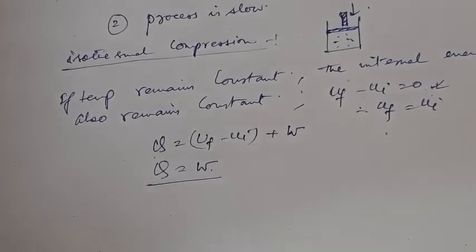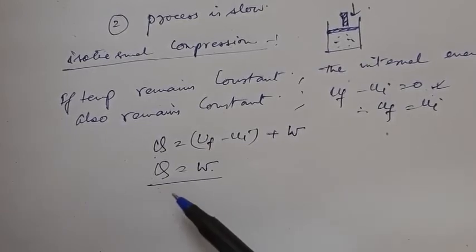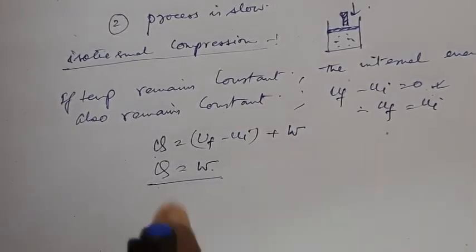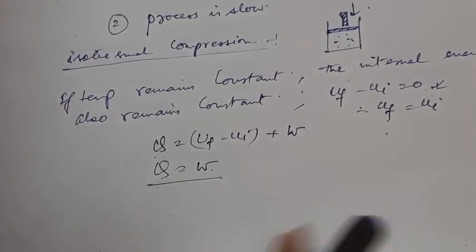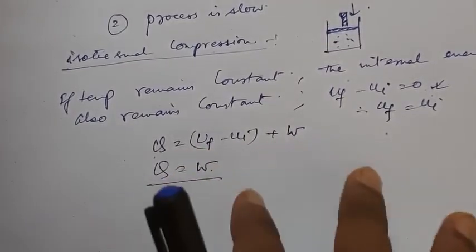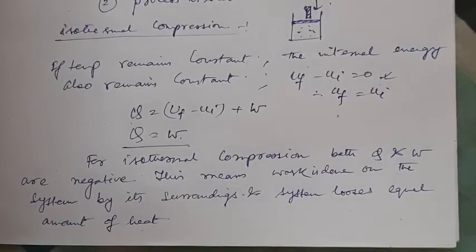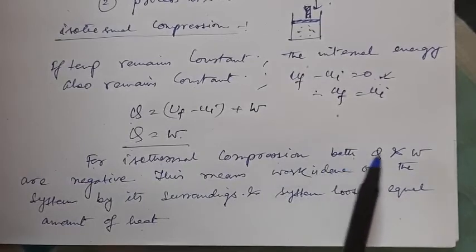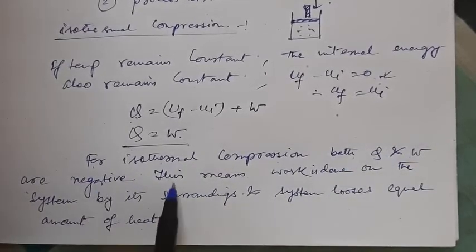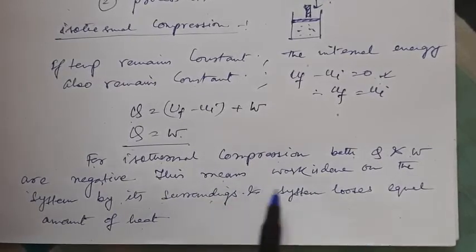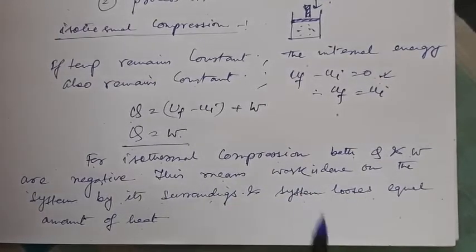I repeat the statement: Q and W are negative for isothermal compression, mind you, not for expansion, only for compression. This means that work is done on the system by its surroundings and the system loses an equal amount of heat. So I have written the sentence for you: for isothermal compression, both Q and W are negative.